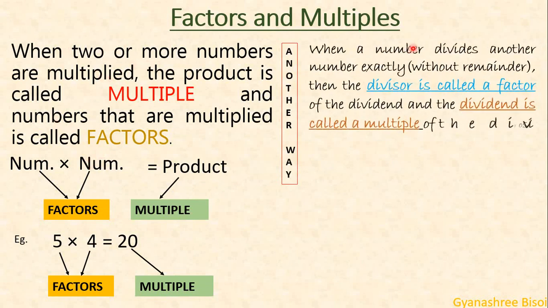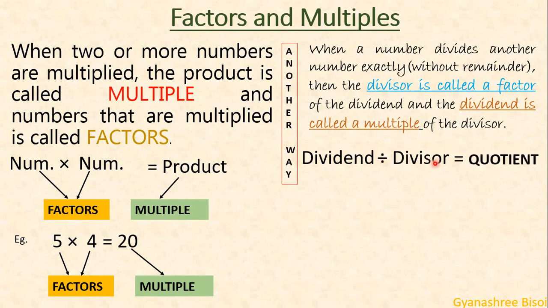When a number divides another number exactly, meaning without any remainder, then the divisor is called a factor of the dividend and the dividend is called a multiple of the divisor. Let's know how. We know that dividend divided by divisor equals quotient.